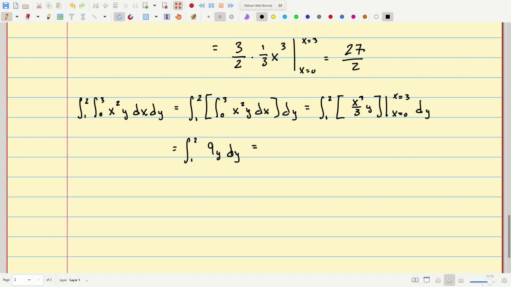And we integrate this, which is really easy. 9 halves y squared, evaluated from y equals 1 to y equals 2. 9 halves times 2 squared minus 1 squared equals 27 halves. It is a theorem.